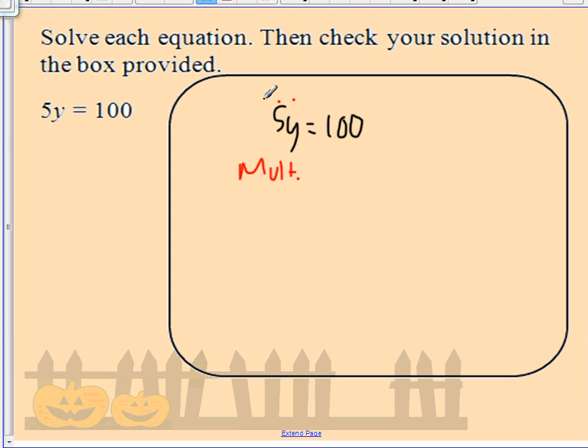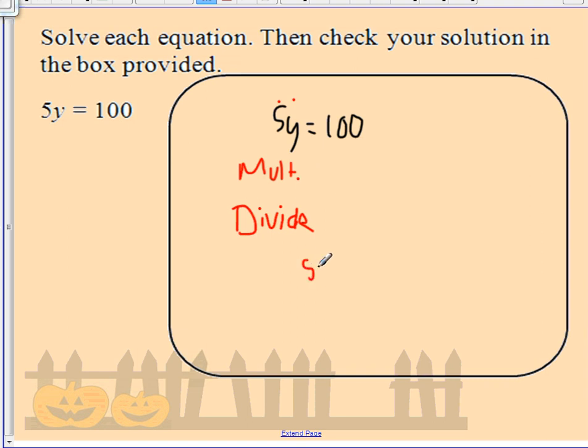So if my relationship between 5 and y is multiplication, my inverse operation is to divide, because that is the opposite of multiplying. All right, now my goal is still to get y by itself.